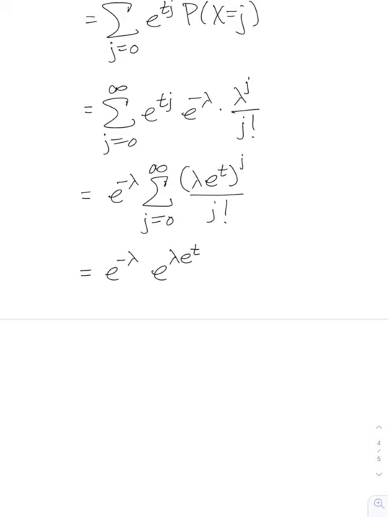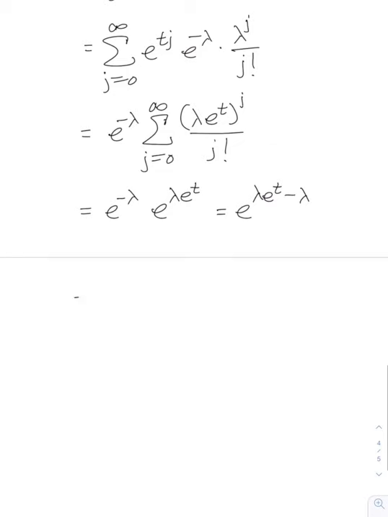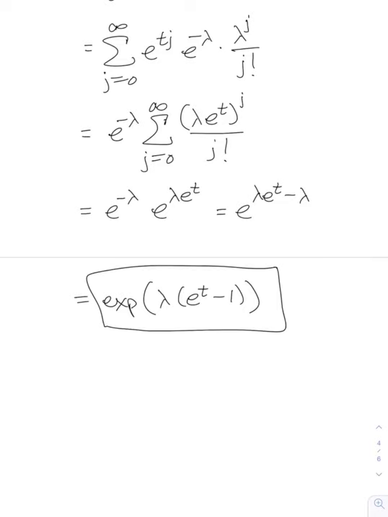I can put all that together as e to the lambda e to the t minus lambda. It's a little bit easier to read without the nested e's, so for the outer one let's use exp, factor out a lambda in the exponent, and put e to the t minus 1. So that right there is the moment generating function of a Poisson.